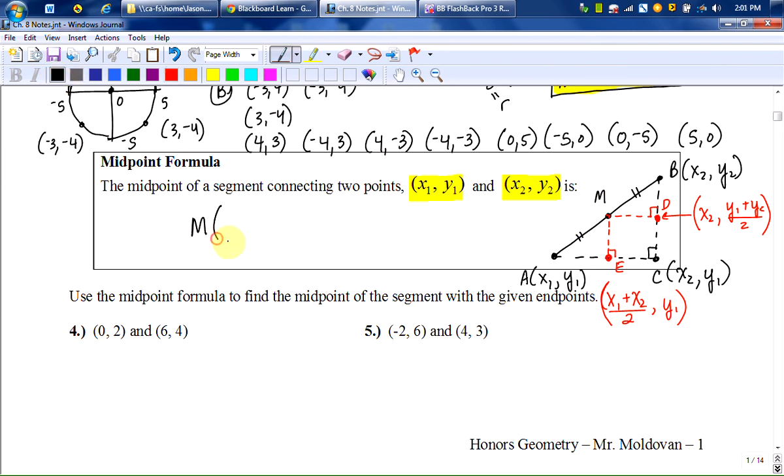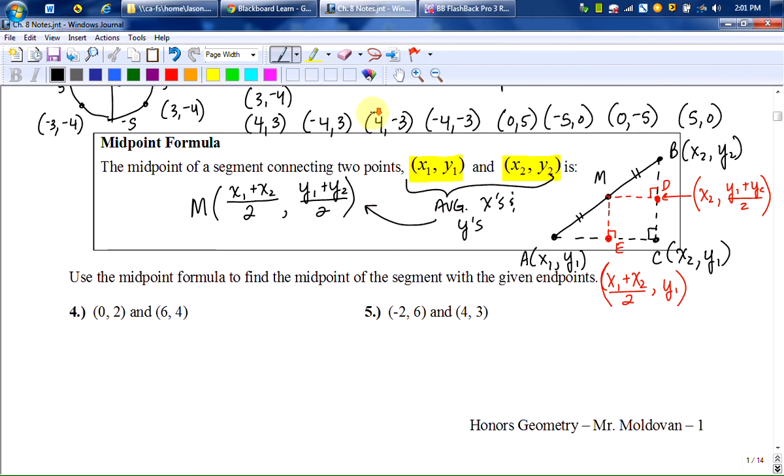M is going to have the sum of the x values divided by 2, and the y will be the same. Essentially, we're averaging the x's and the y's.